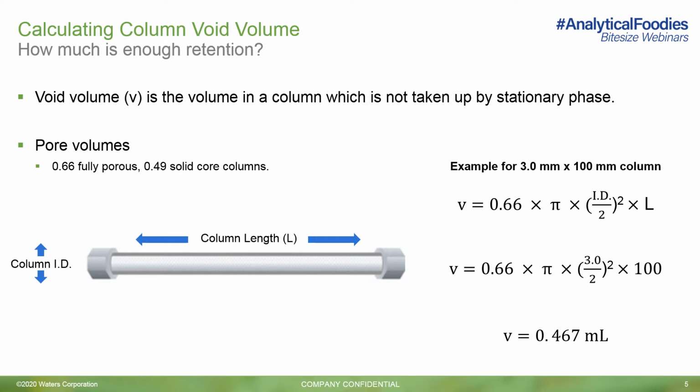We multiply the pore volume by pi, then multiply by the column internal diameter divided by 2 squared, multiplied by the length of the column. On this slide, we have the example column void volume for a 3 mm by 100 mm fully porous column, and this is estimated to be 467 microliters.